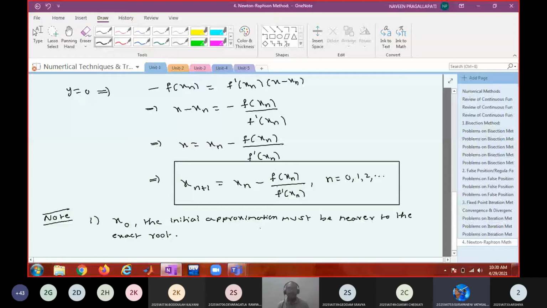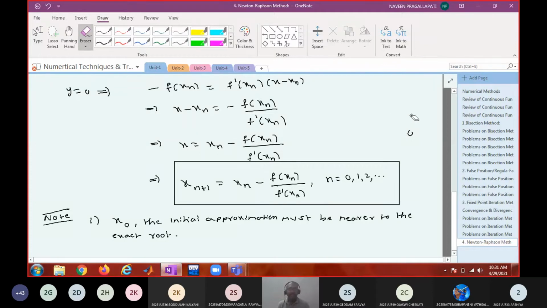Sir, using interval we can do that, sir. Okay, if you say an interval, but I don't know, suppose I say the root lies between 2 to 10. Yeah, so that technique will be useful to identify the location of the root, in which interval the root lies. That technique will be helpful.